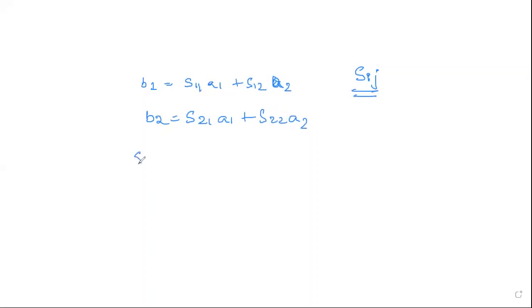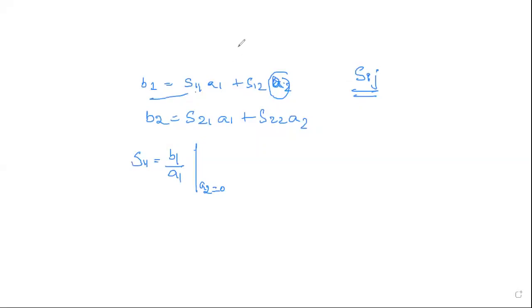You have written for the first one, S11, as B1 by A1 when your condition applied is A2 equal to 0, which means in the B1 equation you are applying A2 equal to 0. If you apply A2 equal to 0, what will remain? B1 is equal to S11 A1. So the remaining equation, if I write for S11, is B1 by A1.